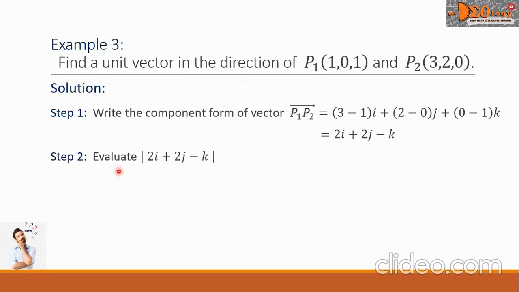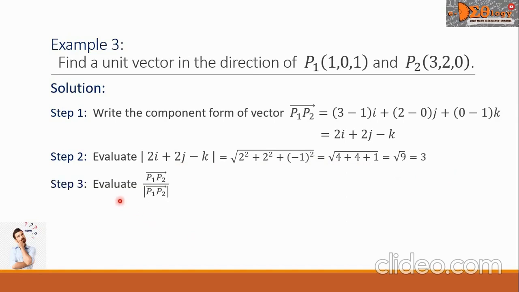Now for step 2, we will evaluate the length of the vector from step 1. Using our formula, we will have the square root of 2 squared plus 2 squared plus the square of negative 1. Simplifying the squares inside the radical, we now have 4 plus 4 plus 1, which is equal to square root of 9 and can be simplified into 3. Step 3, we will now evaluate the unit vector in the direction of P1P2.